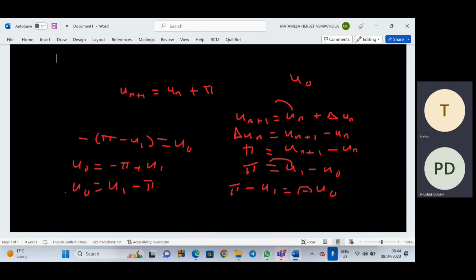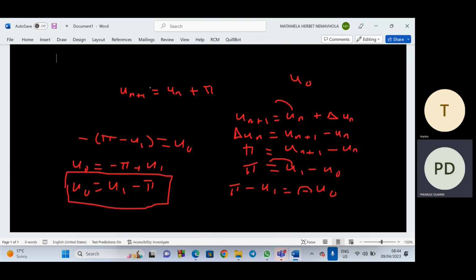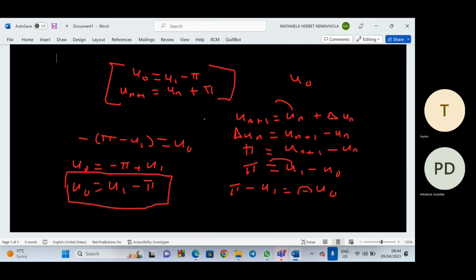Because I have gotten the formula for mu 0, when I write my general solution for that equation, I only add mu 0 equals mu 1 minus pi. Then I have completed the general formula for that equation. Because with a difference equation, we must have mu 0 in order for us to know the second term. Yes, that's what is needed there.